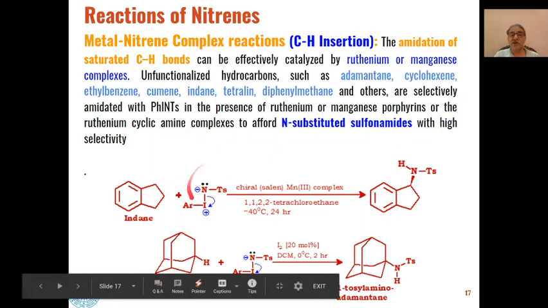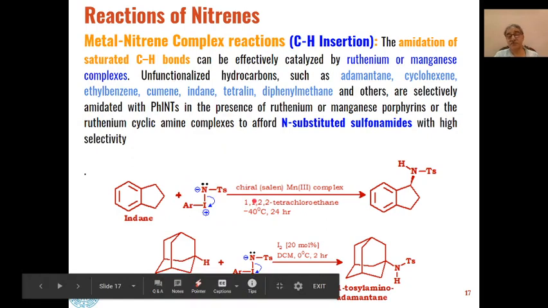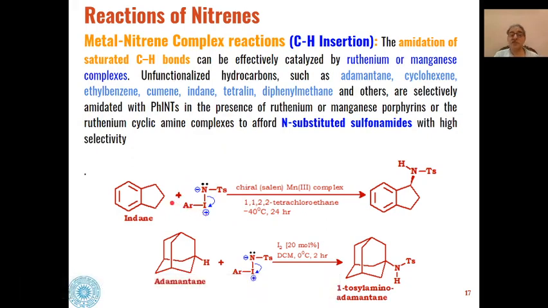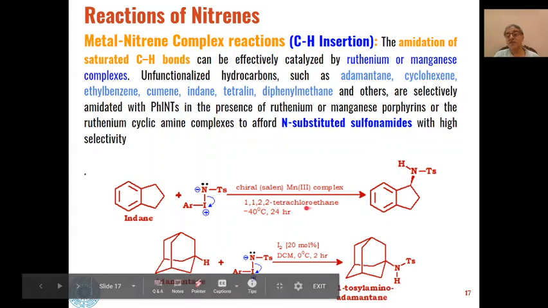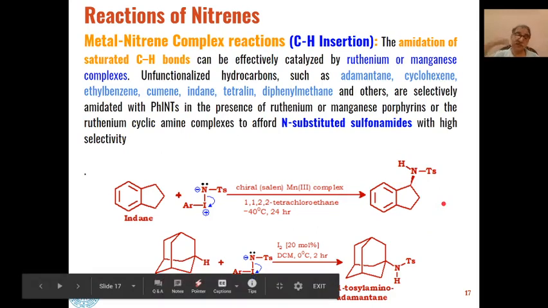Again, amino iodines can catalyze these types of carbon-hydrogen insertion reactions in the presence of some chiral manganese complexes. With a chiral salen manganese(III) complex added at minus 40 degrees centigrade in the presence of 1,1,2,2-tetrachloroethane as the solvent, in 24 hours the insertion takes place at this carbon-hydrogen bond, and we will get these types of amines as the product.